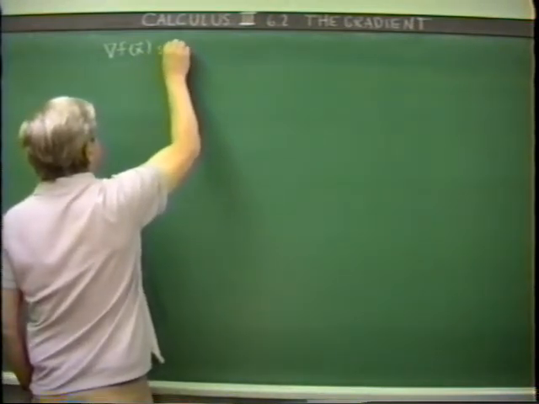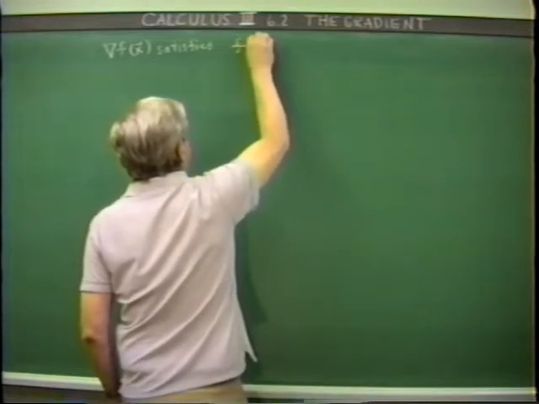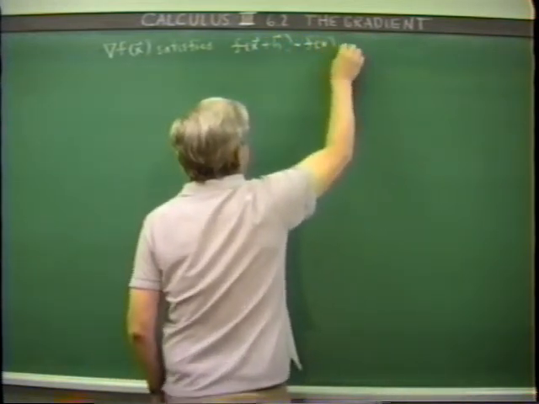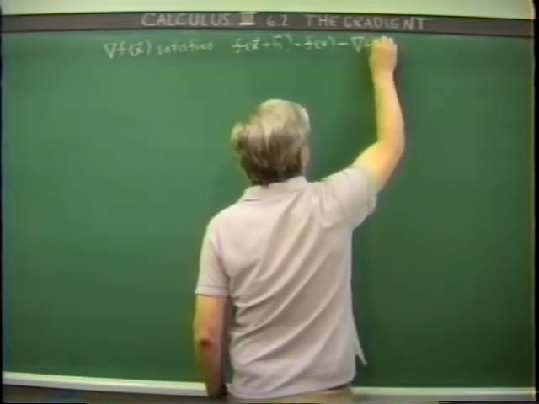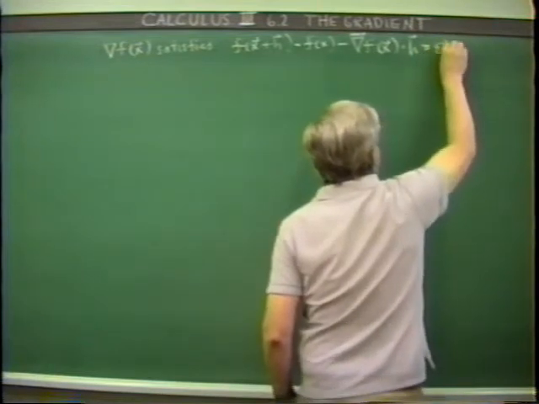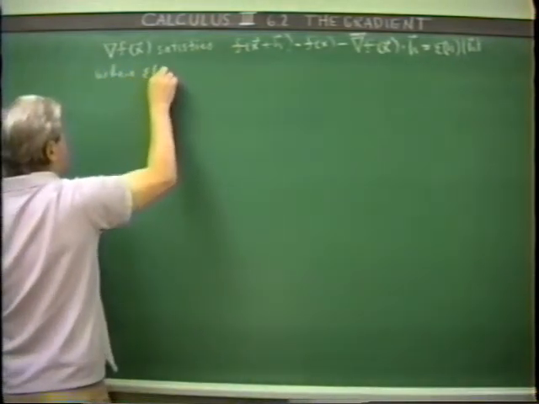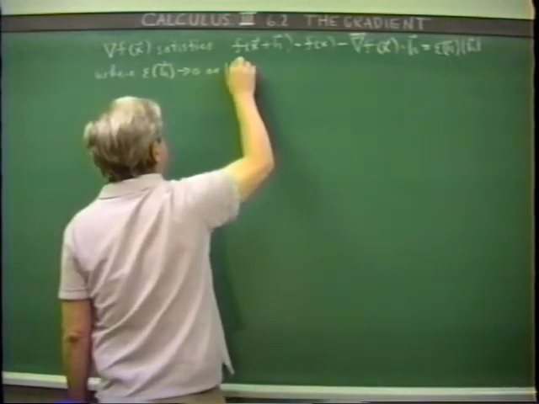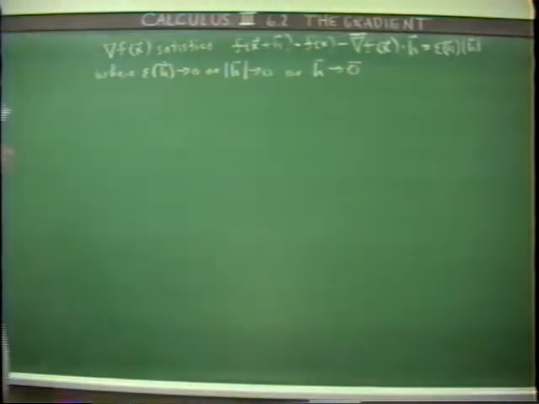The gradient of f at x is a vector which satisfies, if there is one, f of x plus h minus f of x minus the gradient of f, and the gradient's a vector, so let me indicate that, at x, dotted with the vector h, is equal to epsilon of h times the magnitude of h, where epsilon of h approaches 0 as the magnitude of h approaches 0, or as h approaches the 0 vector. So this is the gradient.